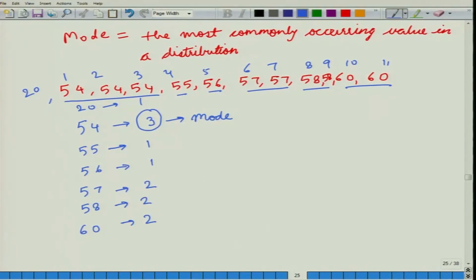Another advantage of using a mode is that it is useful even for non-numerical data.